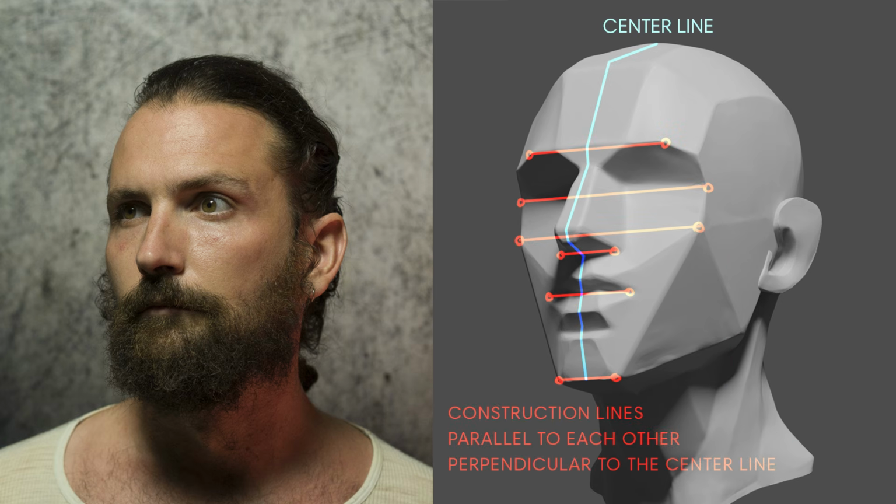And also there is a certain symmetry. The center line and the parallel lines of the construction of the head, we can clearly see how these planes of the head structure can be dissected into halves, which are going to be totally symmetrical.